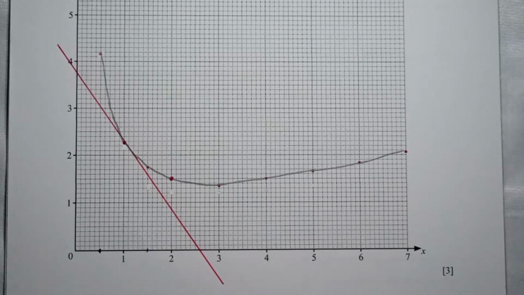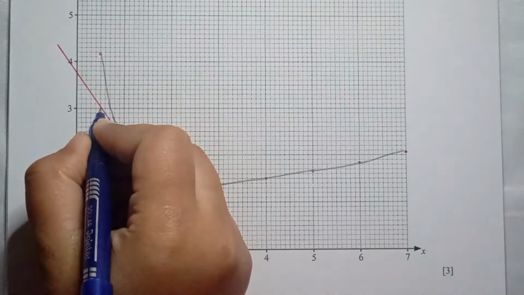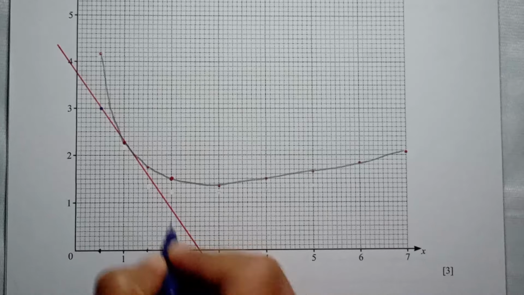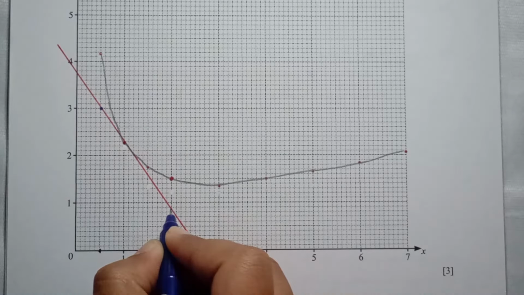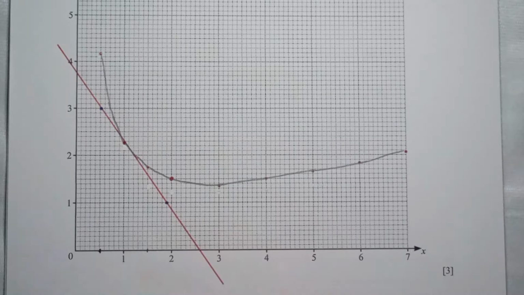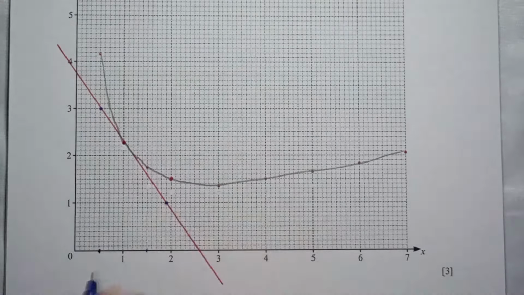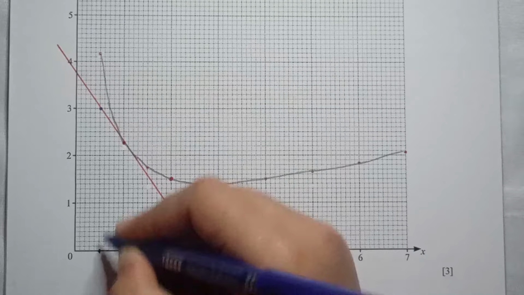And we need to find out the slope, the gradient. For the gradient, we need two points. Let me fix the first point, this point, and another point, I would like to take this one. Yes. So what is this point? Y is equal to 3 over here, and what is the x?